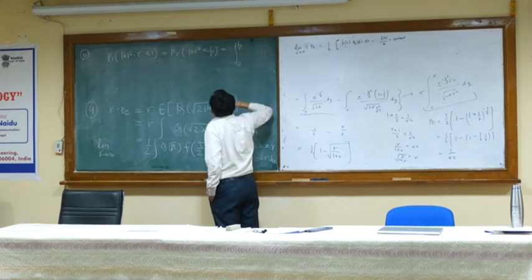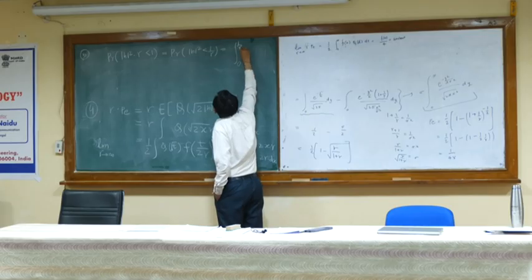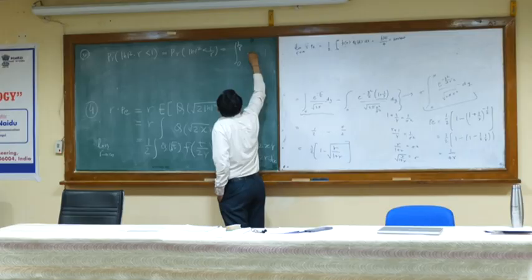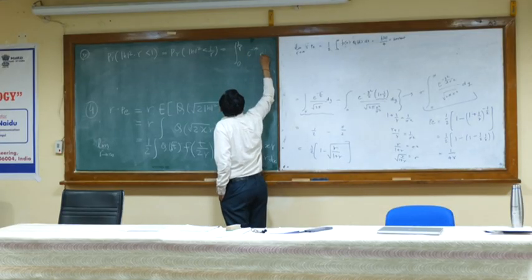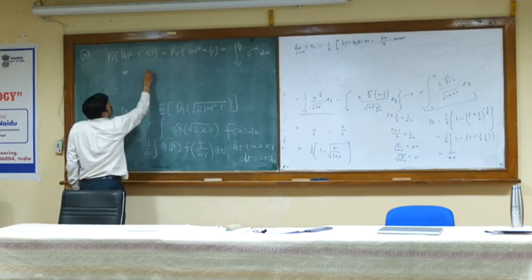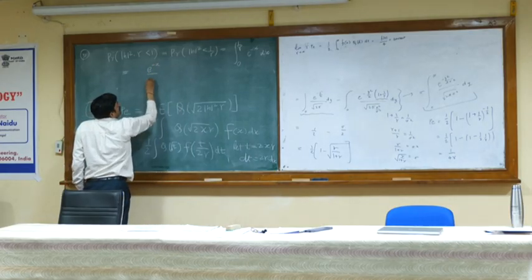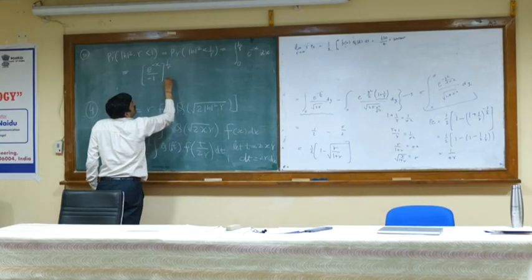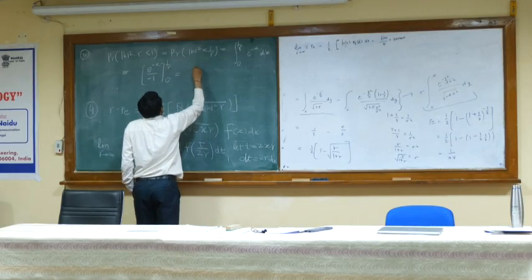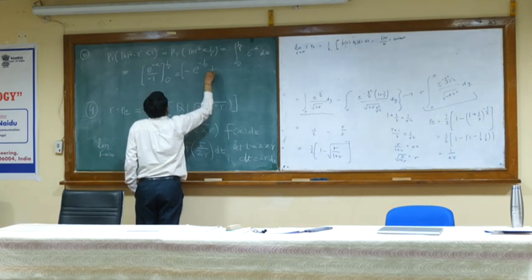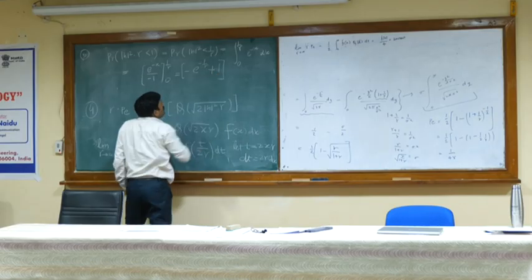An exponential distribution is lambda e to the power minus lambda x, so e to the power minus x dx. Now I put in this value: e to the power minus x divided by minus 1, from 0 to 1 by gamma, which comes out to be e to the power minus 1 by gamma, plus 1.